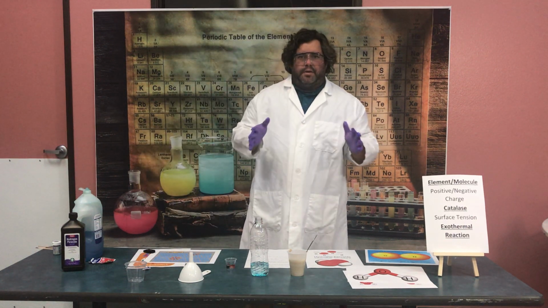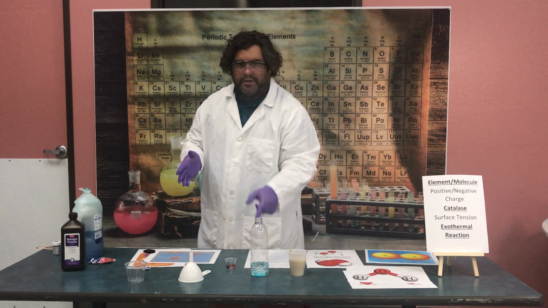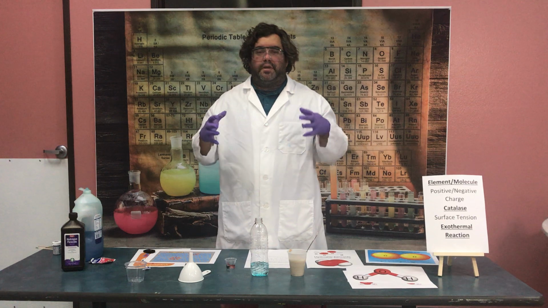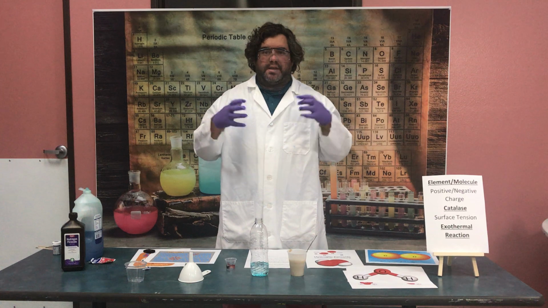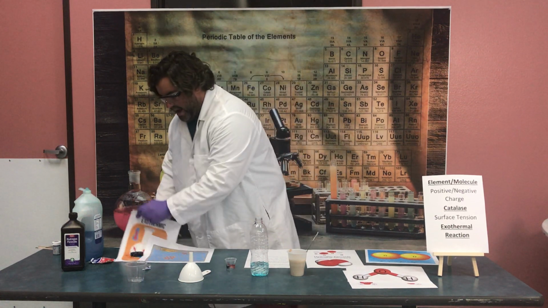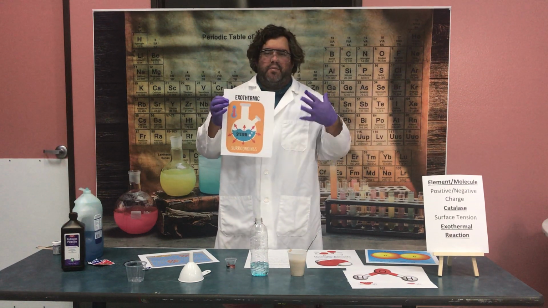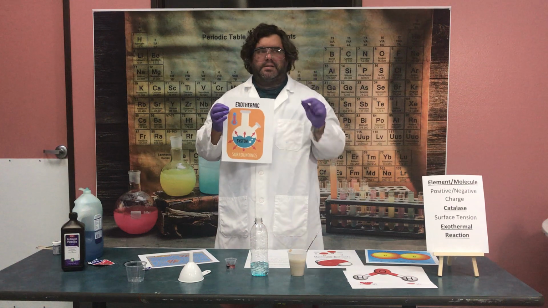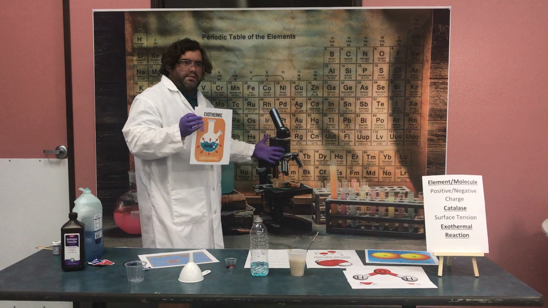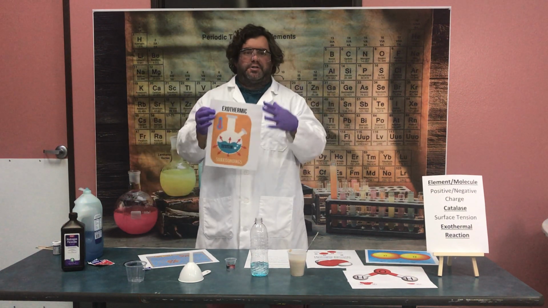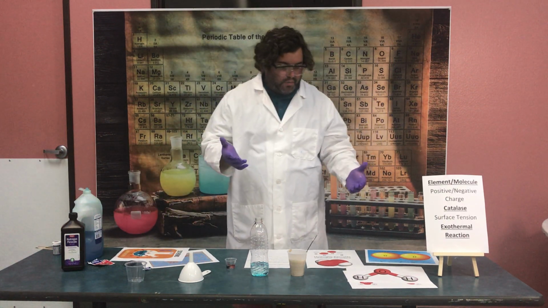Now what's going to happen is when we introduce the catalase, the yeast, into the hydrogen peroxide, it's going to rapidly try to break apart all those water and hydrogen molecules, trying to separate them. And it's going to create this reaction called an exothermic reaction, where it's actually creating heat, because at the microscopic, the tiniest level, those atoms that we can't see with our own eye, that we need a microscope to see, are going to try to pull apart from each other, and they're going to try to find other atoms and other molecules to bond with.